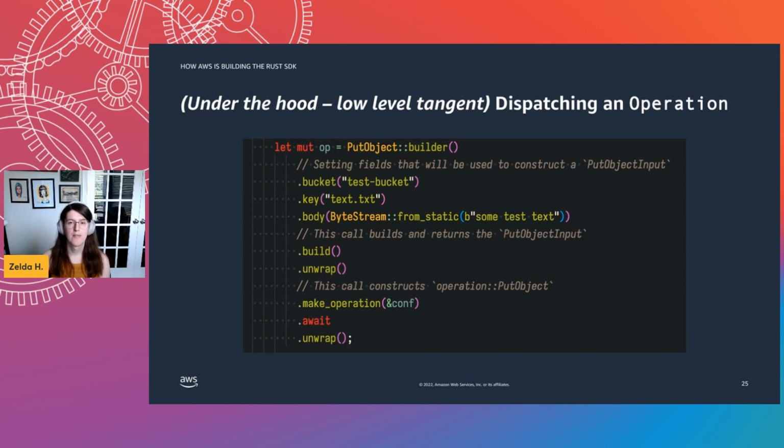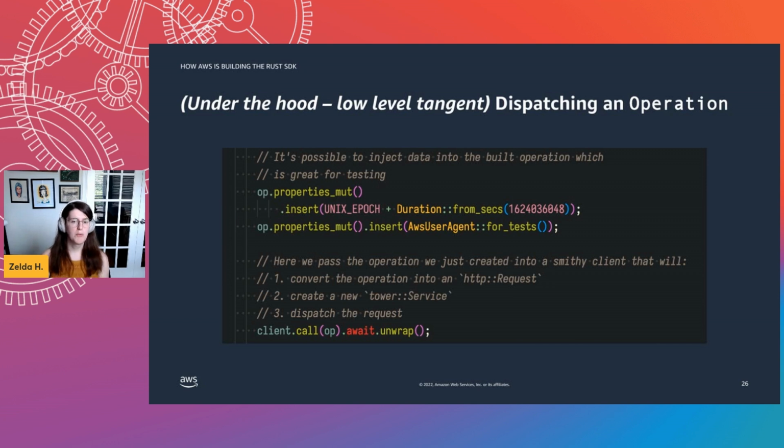And then next, we do a cool thing that we do in testing, where we can actually take that operation before sending it and insert certain hard-coded things. So like we hard-code the date that the operation is getting sent because we're going to check the request at the end of this test, and we don't want that check to fail because the request was sent later than the first time we did it, right?